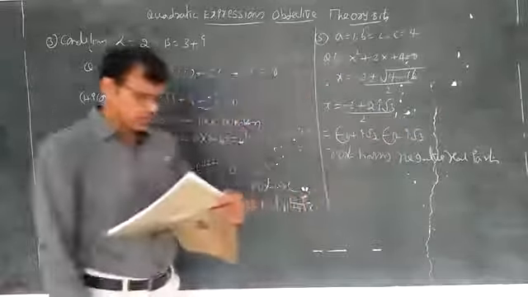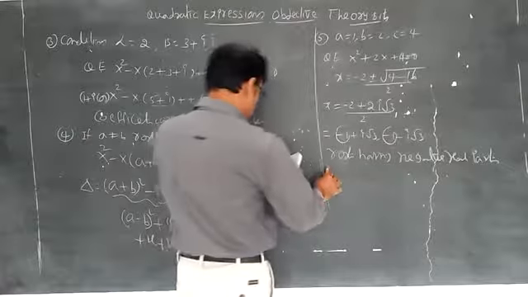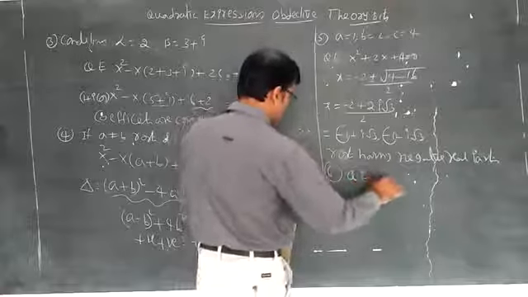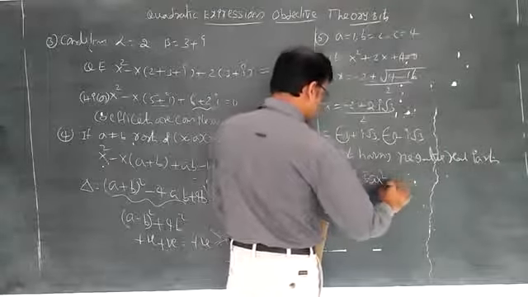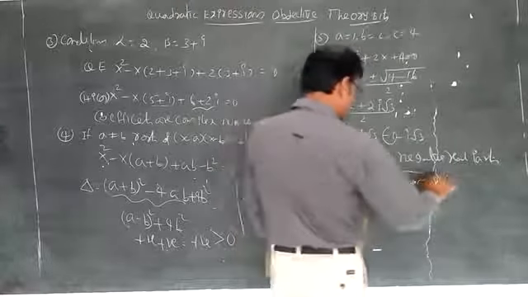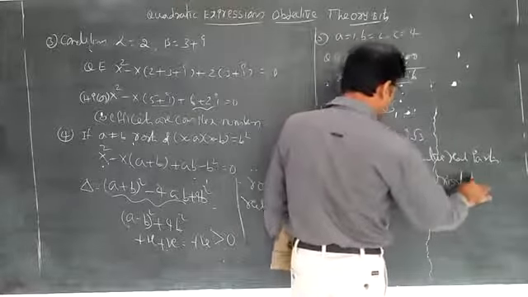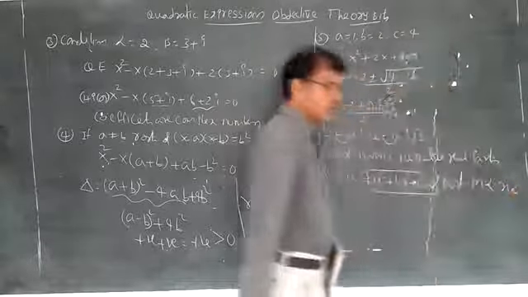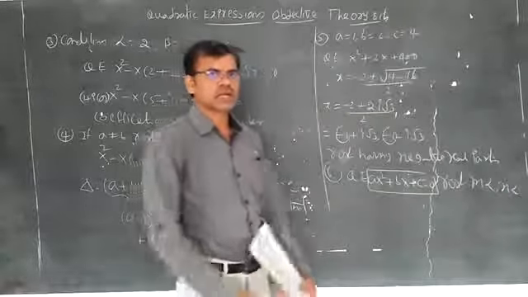Now, sixth question: the ratio of the roots of the quadratic equation ax square plus bx plus c equal to 0. The roots are in the ratio m is to n, so m alpha, n alpha. Yesterday we discussed the condition theorem.